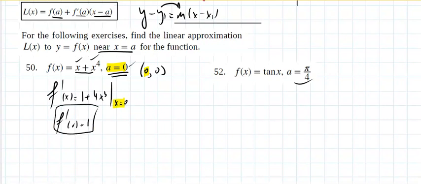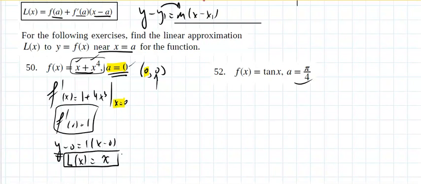I got a slope and I got a point. I could say L of x equal, or I could just say y minus y1 equal m into x minus x1, or simply y equal mx plus b, since that's the y-intercept. And this is the linear approximation. It's simply x.